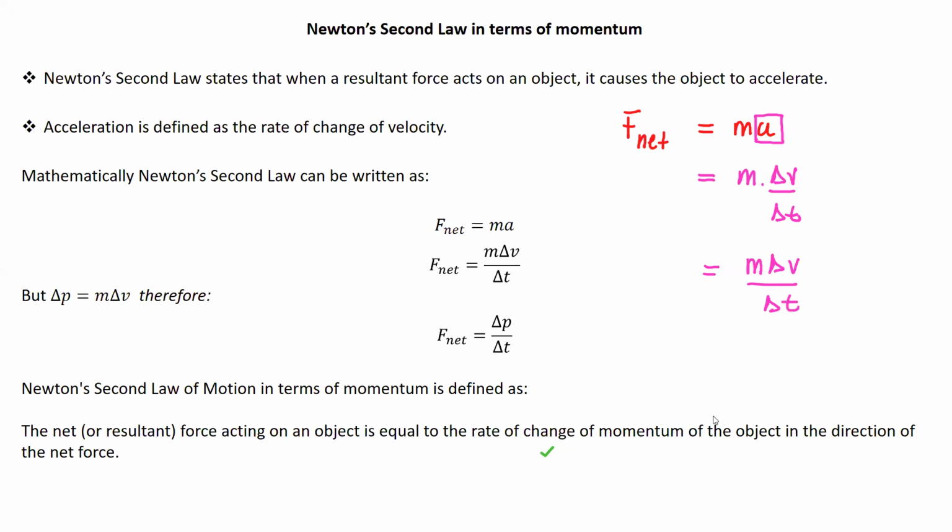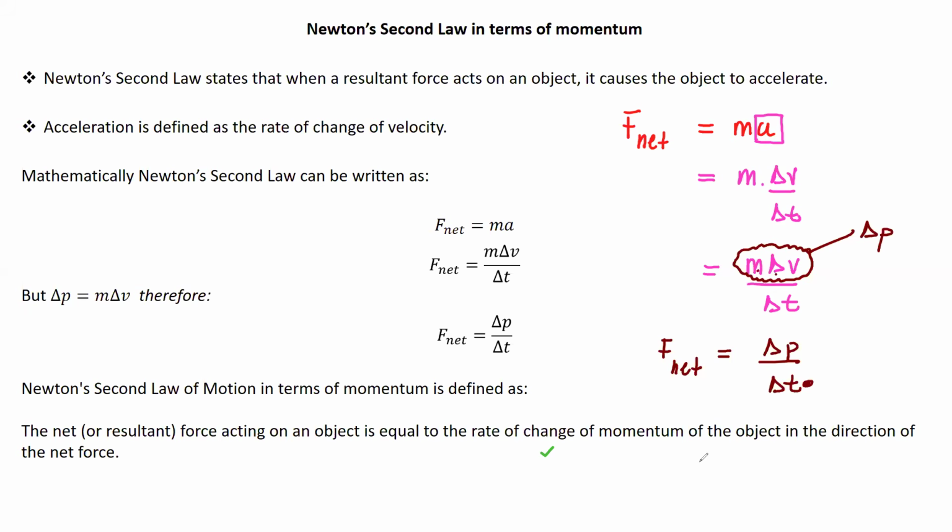But hold on, we've seen this before. m multiplied by delta v is actually the change in momentum. So where there's m delta v, you just put change in momentum over delta t. So look at this: F net is now the rate of change of momentum of an object.